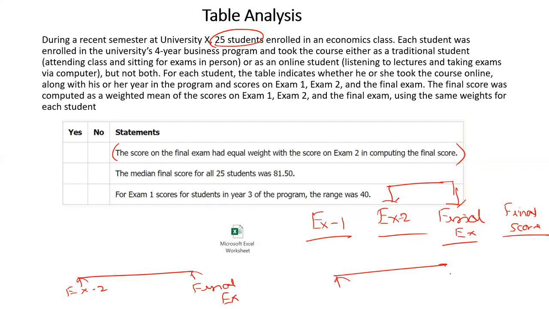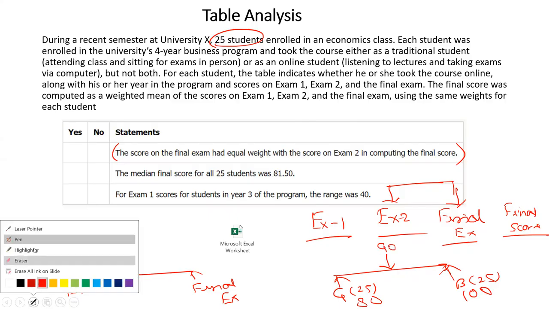That if there are 25 girls and 25 boys, girls had an average of 80, boys had an average of 100, then the average of the entire class would be smack in the middle.